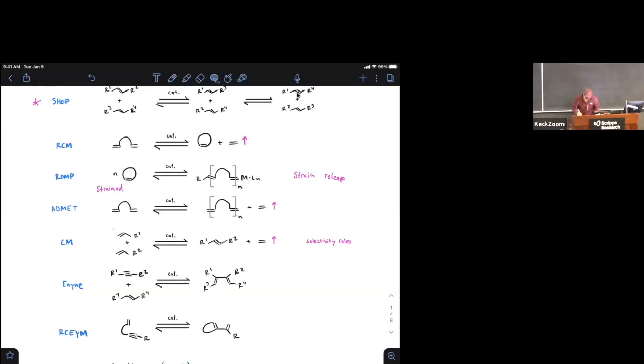The other point I wanted to make, sorry, before moving on from ROMP, that's what I was trying to find in my lecture notes, is that this is an important example of what we call a living polymerization.